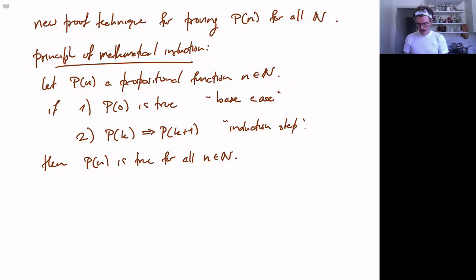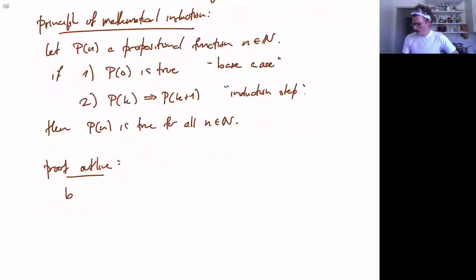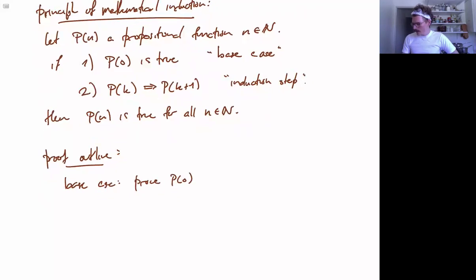So let me say one more thing about this, or just kind of go over again how you would do this proof. So for the base case, you prove P of 0 directly, or however you want. And then in the induction step, you assume that P of k is true.